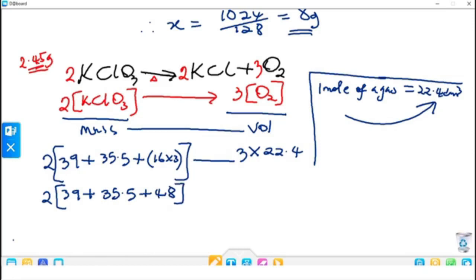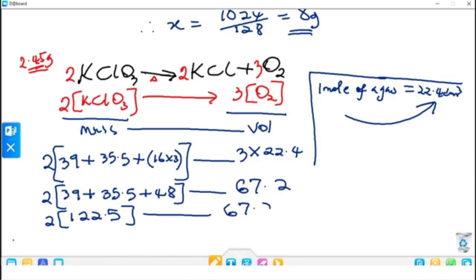When we do the summation, 39 plus 35.5 plus 48, that gives us 122.5. And 3 times 22.4 gives us 67.2.